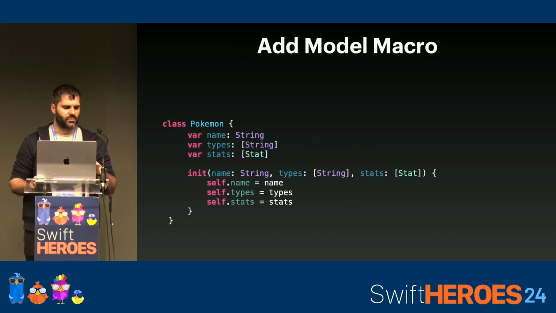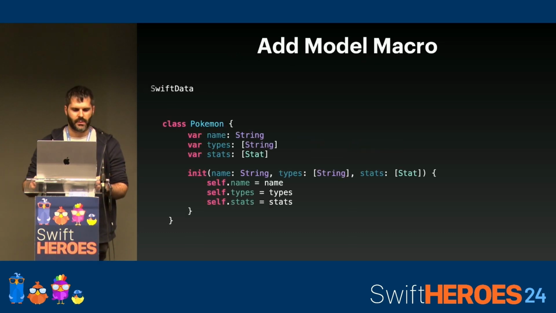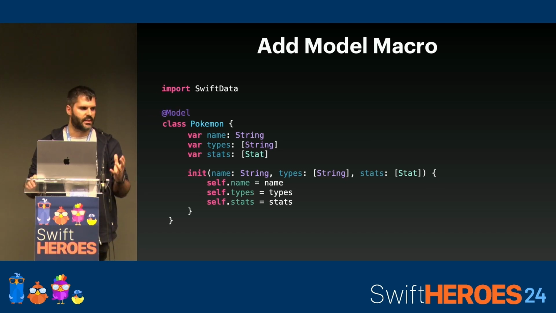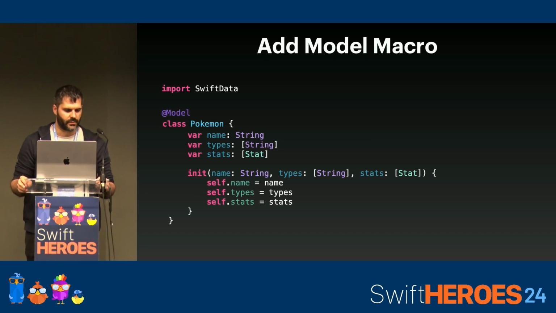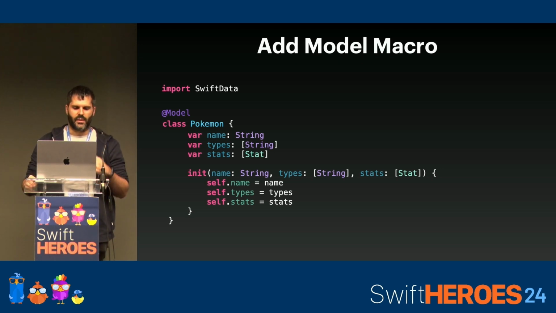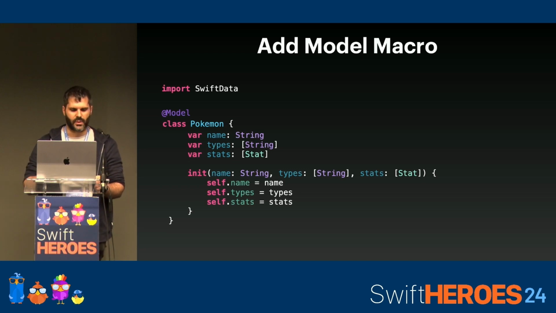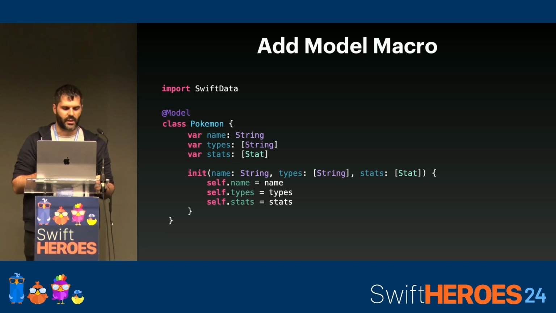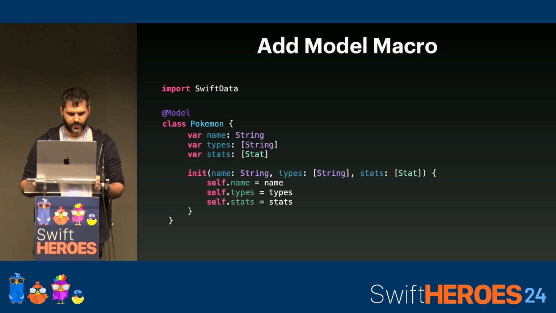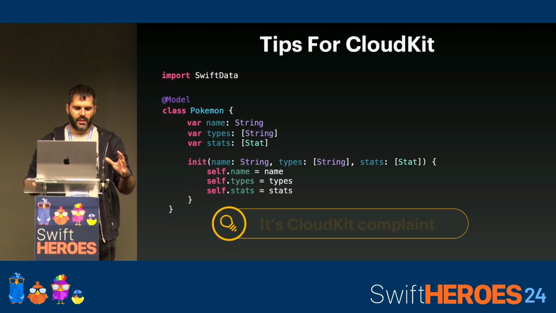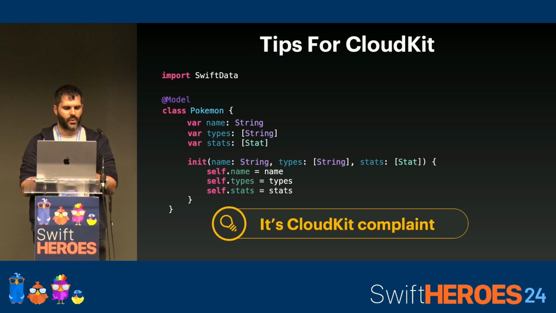Okay, so we moved from struct to class, we import SwiftData, and we can add a simple macro that is Model. That's it. We can use this Pokemon, and we can save it on our stack. In this case, we can save it on our iPhone or on iCloud. There is one more thing. With this format, we can already use it for iCloud.